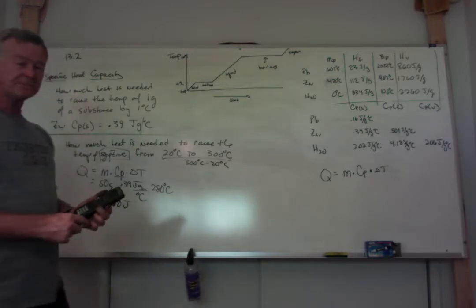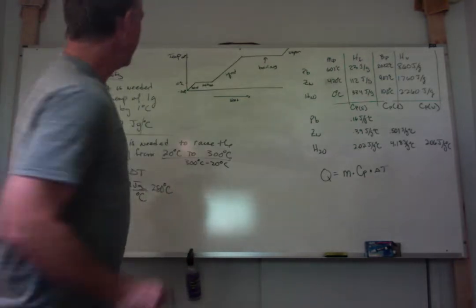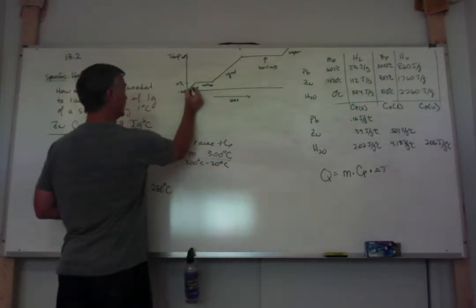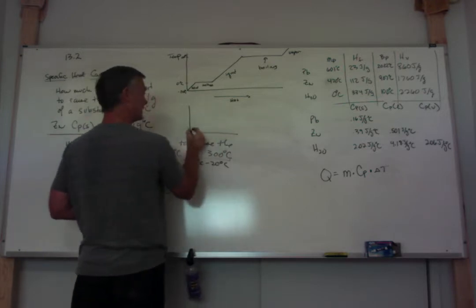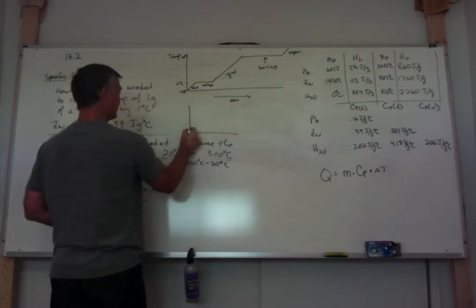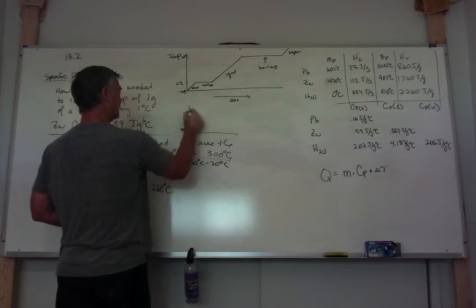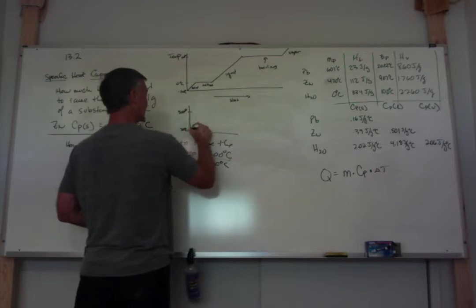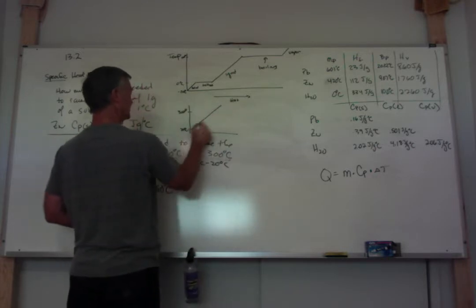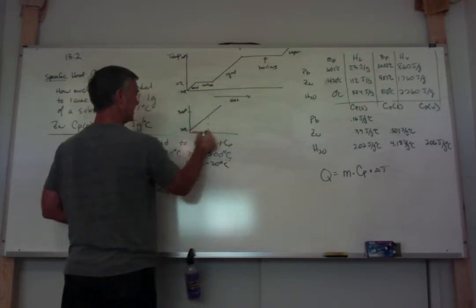Okay. And that is basically saying we're going on zinc's curve. If we had a curve here for zinc, if we're down here starting at 20 degrees, and we would go all the way up here to 300 degrees, and zinc as a solid would keep on going. The question is, how much heat does it take through this time to get us there?